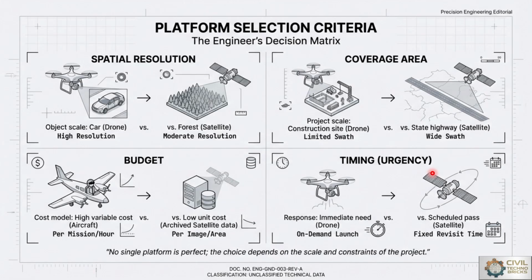Here is the platform selection criteria, the engineer's decision matrix, which is based on four conditions: spatial resolution, coverage area, budget and timing, that is urgency. No single platform is perfect. The choice depends on the scale and constraints of the project, meaning the objective we decide for any type of platform usage.